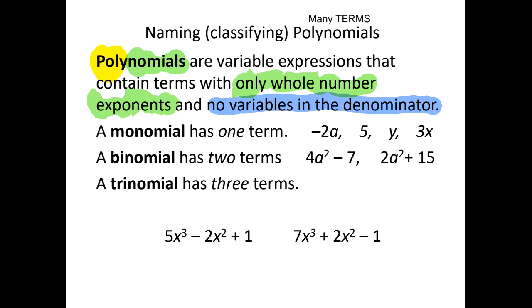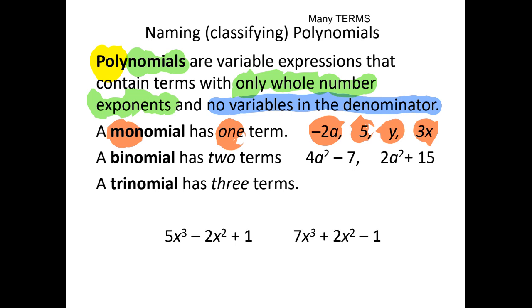Now, if you look at these terms, a monomial is a one-term polynomial. And I gave you a series of examples. Negative 2a, a 5, a y, a 3x. These are monomials.